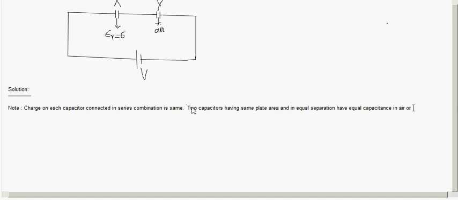So remember this: the charge on each capacitor is the same when they are connected in series. Also, if capacitors have the same area of plates and equal separation between the plates, then their capacitance will be the same in air or vacuum.